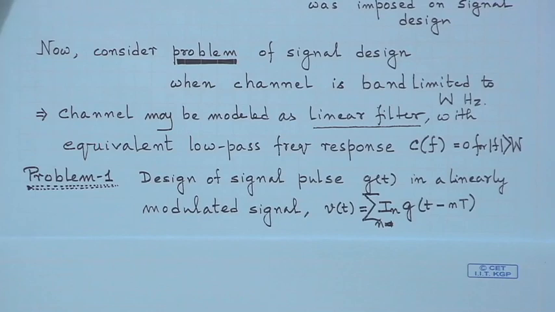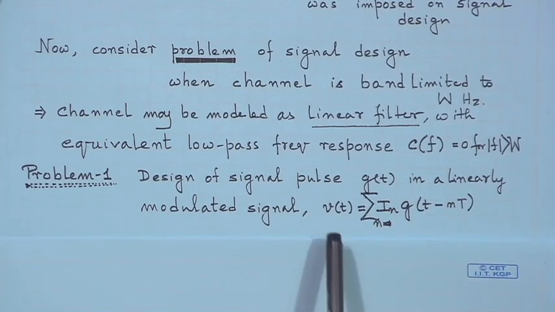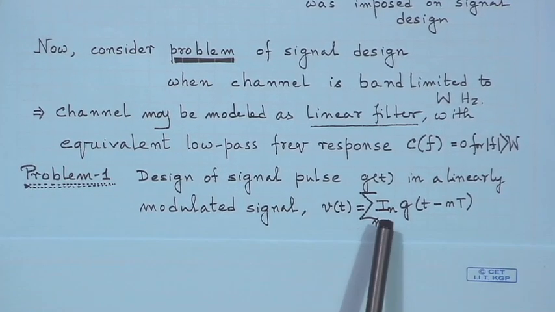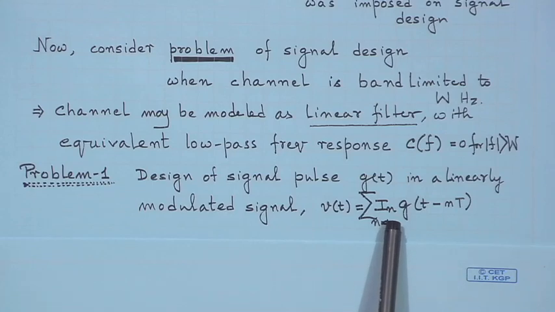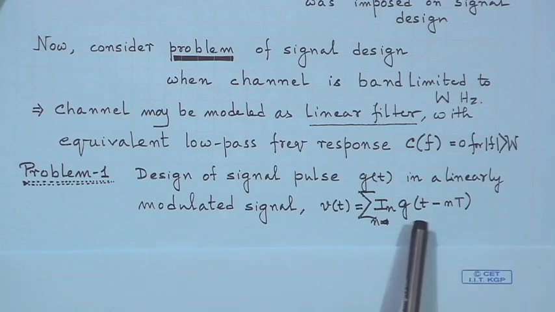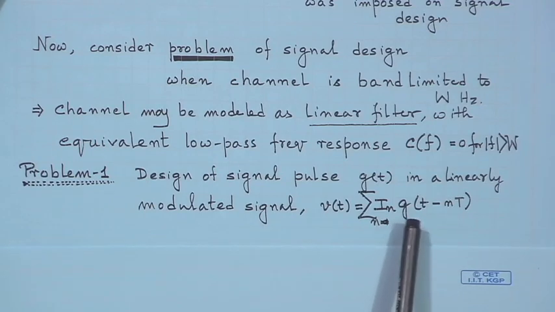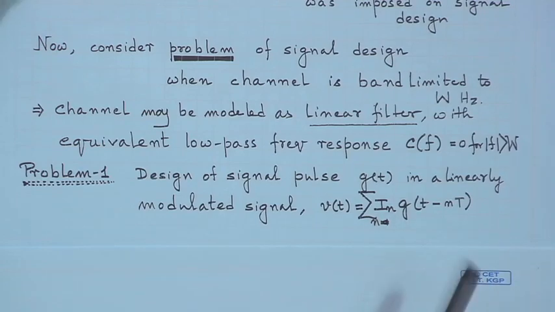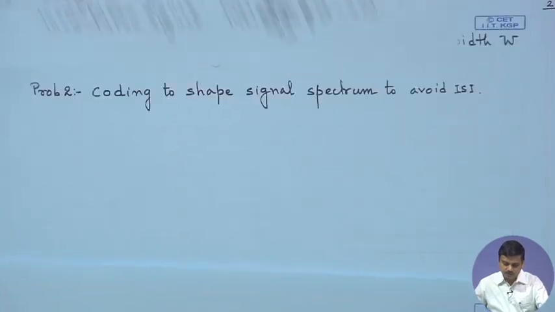The modulated signal could be represented as v of t, which is the baseband, as I n, the sequence of data amplitudes, and pulse shape g of t minus nT, where g of t is non-zero in the interval 0 to capital T. Of course, we will see certain variations of that. That is what we have generally been used to.